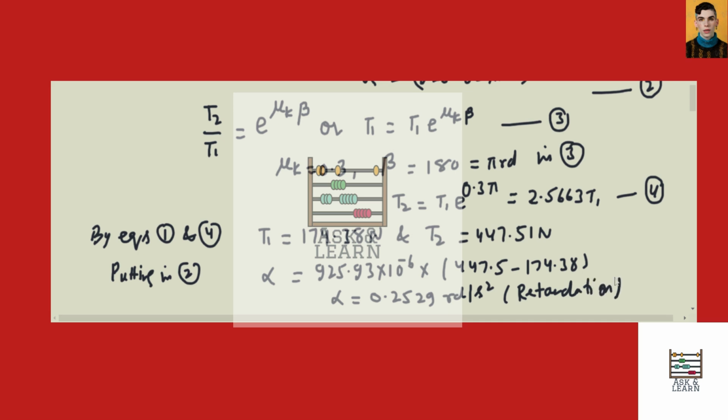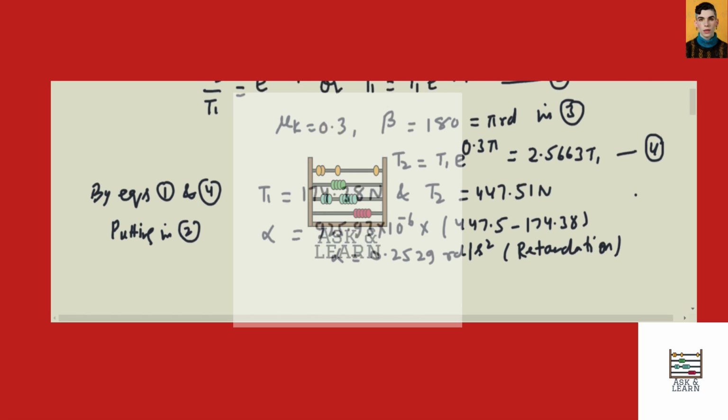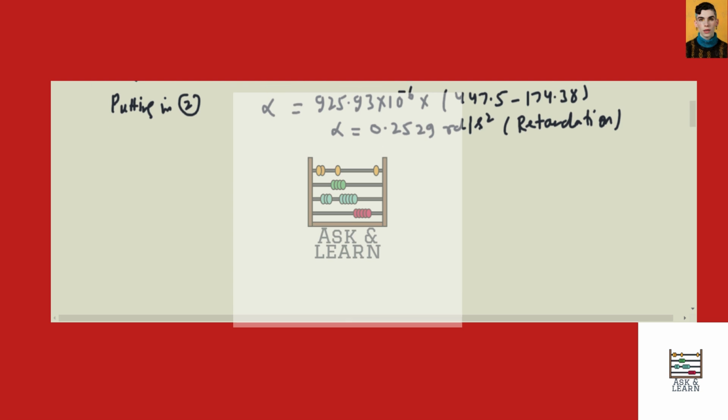Now we have to calculate the time in which the wheel and drum will come to rest. You know, omega naught is given as 180 rpm, or 180 into 2 pi upon 60 radian per second.